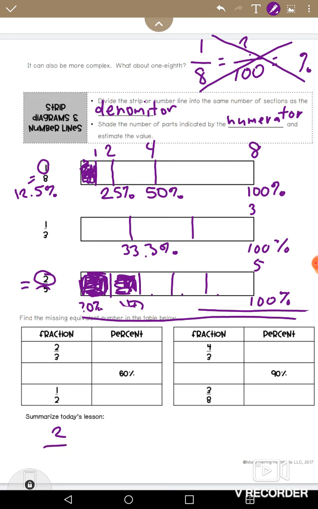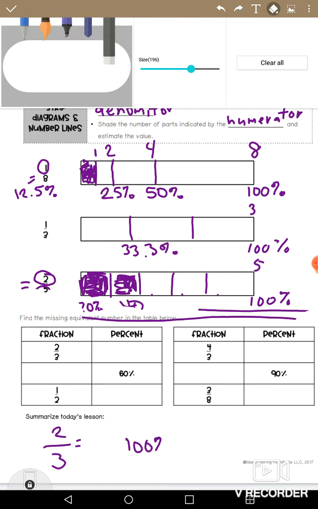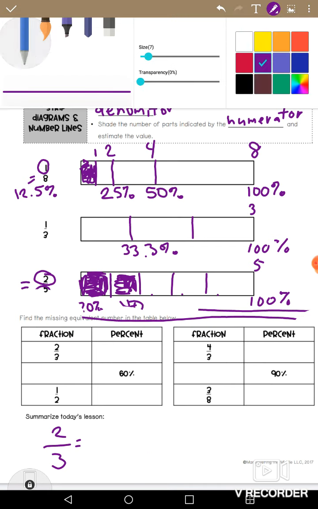So if I'm trying to do 2/3, we've got 100% that we have to try to divide, so we're going to divide it by 3. And we did that before, where 100 divided by 3 goes into 10 3 times.